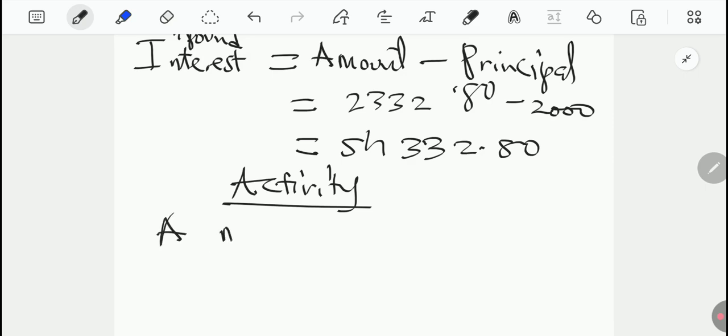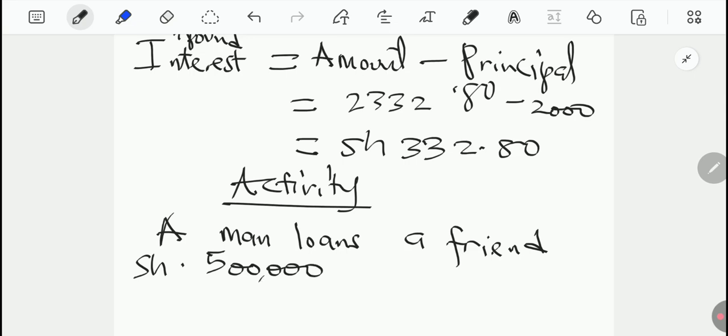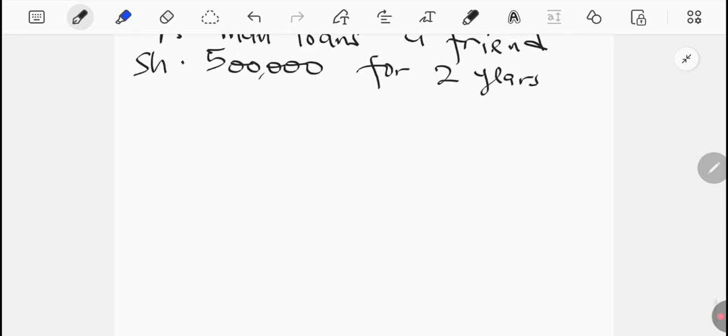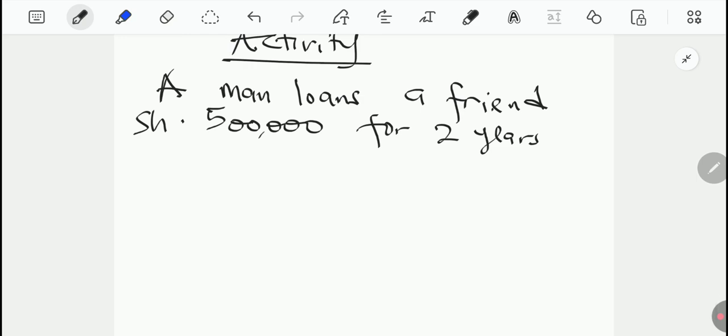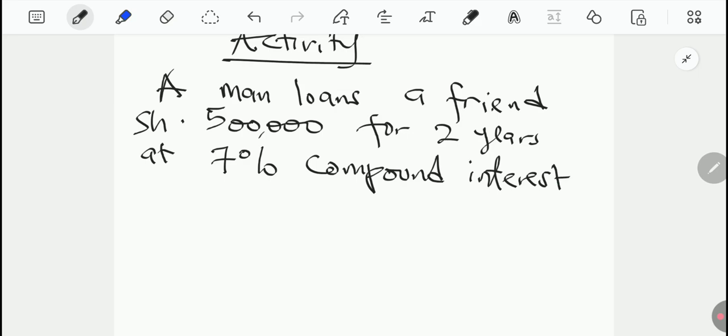A man loans a friend shillings 500,000 for 2 years at 7% compound interest. How much will he receive when the loan is repaid?